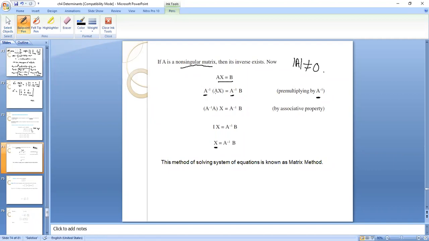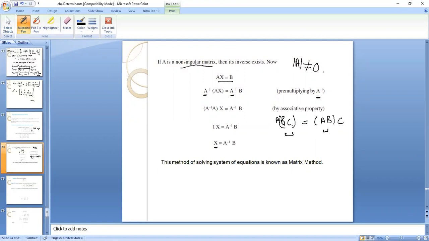Now, A inverse AX, I am writing A inverse A in one bracket, X in the other. This property of writing ABC, where BC in one bracket is equal to AB into C, is called the associative property, right? Here we are multiplying the two matrices BC and then multiplying with A. Here we are multiplying the two matrices AB first, then multiplying with C. But you will find that the output is the same.